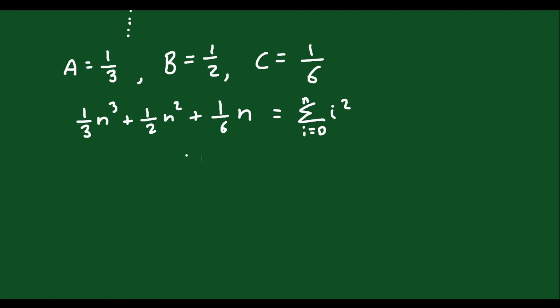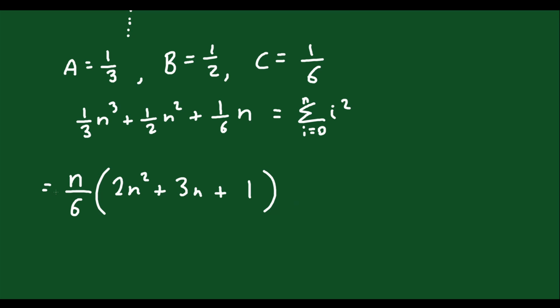And if you want, you can even factor this, right? So we could factor out n as a common factor, and you could also take out 1/6. So you take out n over 6, and you would be left with 2n squared plus 3n plus 1.